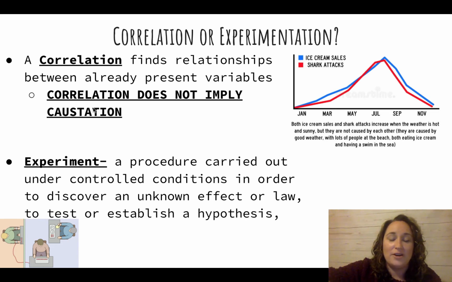It doesn't mean that one causes the other, but there is a correlation between the increase of ice cream sales, when they peak around August, apparently, and shark attacks, right? But does that mean that buying ice cream causes shark attacks? No, right? So correlations look at two variables, and it doesn't mean that they cause each other.